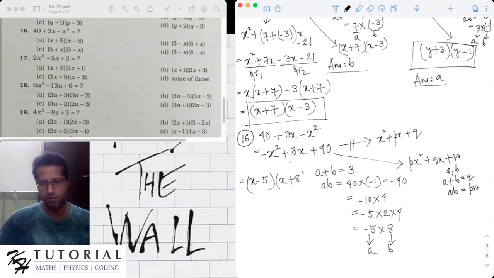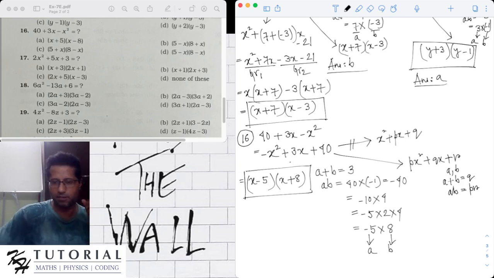So this is the final factorization we have directly created just by finding the values of A and B, such that A plus B is 3 and A into B is 40 into minus 1, that is minus 40. So the correct choice will be choice B. B is the correct choice.